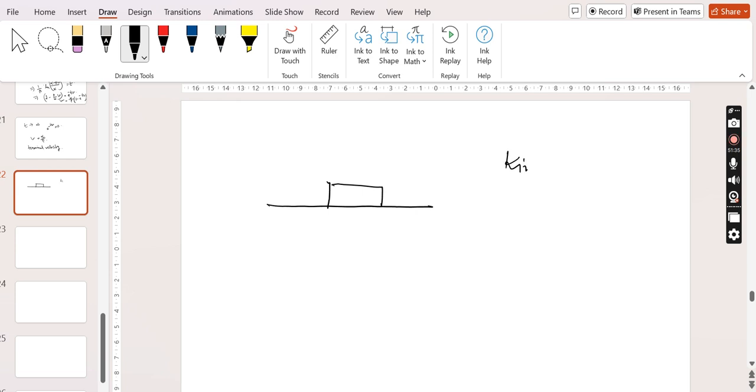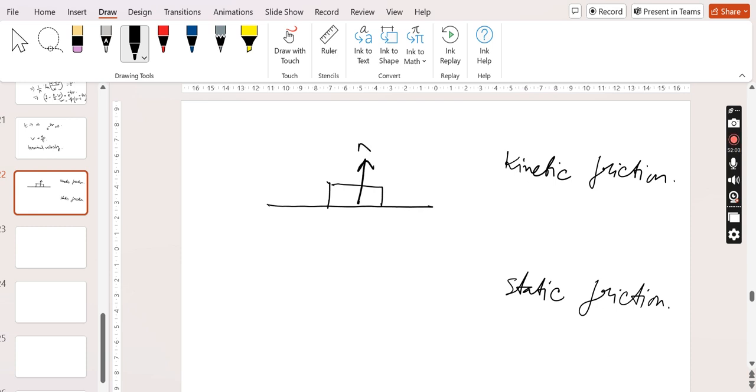Kinetic friction, and then there is static friction. In kinetic friction, the things are sliding on a surface.